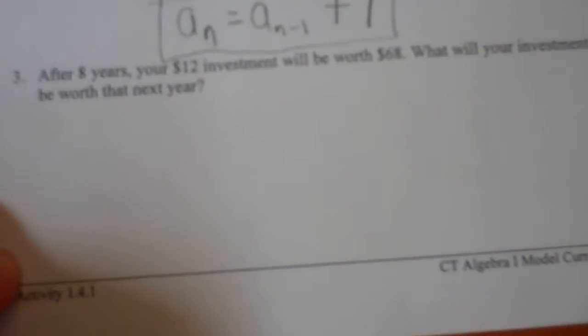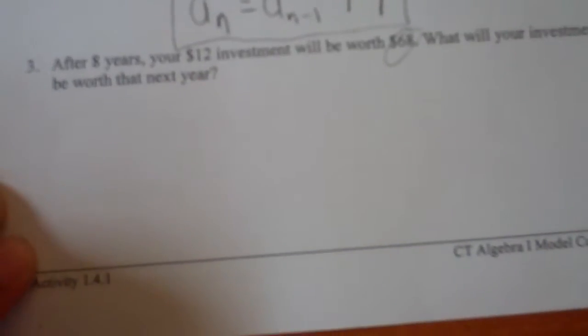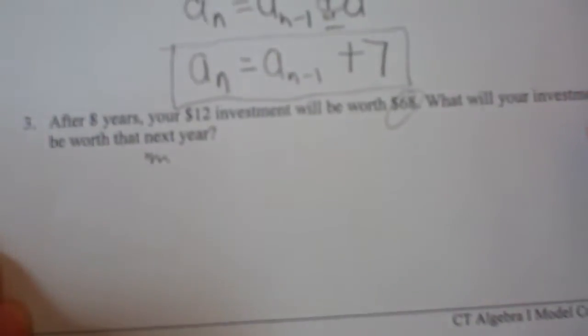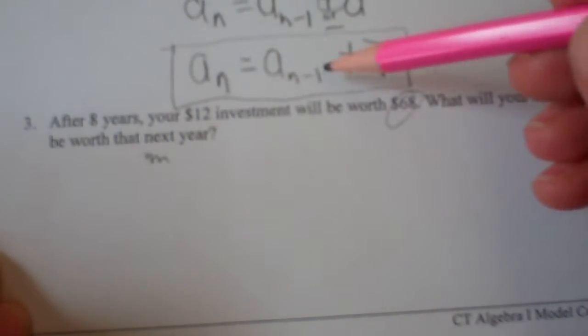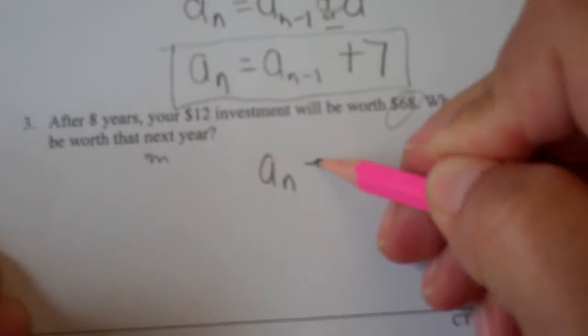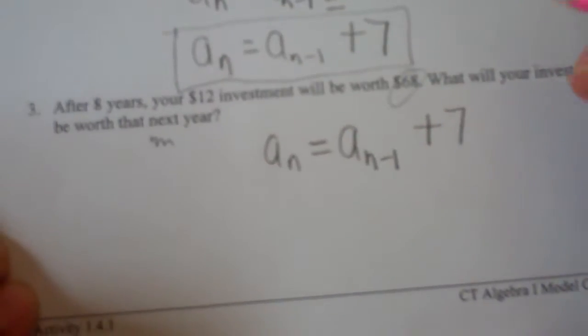So let's read the next question. After 8 years, your investment will be worth $68. What will your investment be worth next year? Here's that keyword for next year. That means you're going to use this recursive rule. So let's write the recursive rule. A sub n equals a sub n minus 1 plus 7.